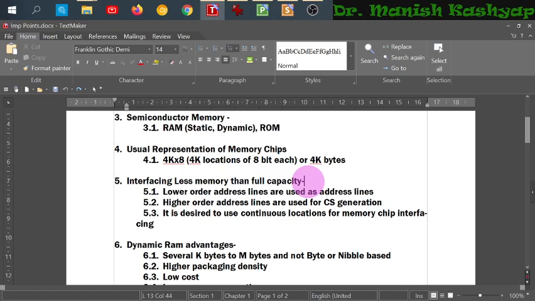You have some less memory. You have purchased only a few chips, and you believe that your program will be able to run in that. So why purchase a complete big chip? So if that is the case, then a good practice is that lower order address lines are used as address lines. So we have got 20 address lines here because the address bus is of 20 bits.